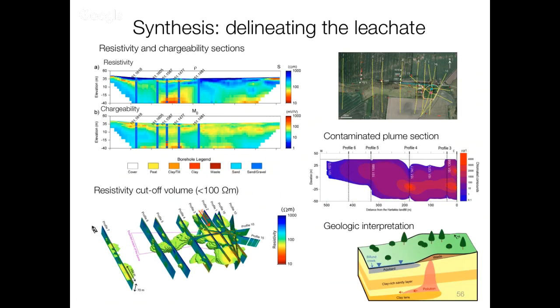You end up with a lot of waste that is high conductivity and high chargeability, and then outwards away from that, there seems to be a region of high conductivity, but there's no chargeability associated with it. So the leachate itself doesn't really seem to be chargeable, and so this allows you then to interpret this as just being a plume and identifying that.